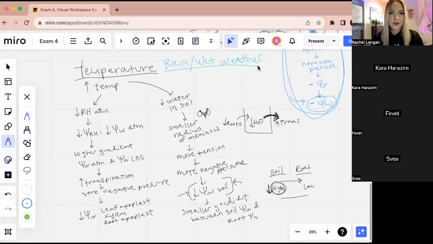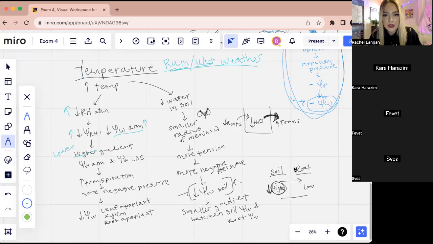Rain, wet weather. If there's rain, it's going to do the exact opposite of increased temperature. Rain is going to increase the relative humidity. If you increase the relative humidity of the atmosphere, that will increase the water potential of the atmosphere, and then you create a lower gradient.